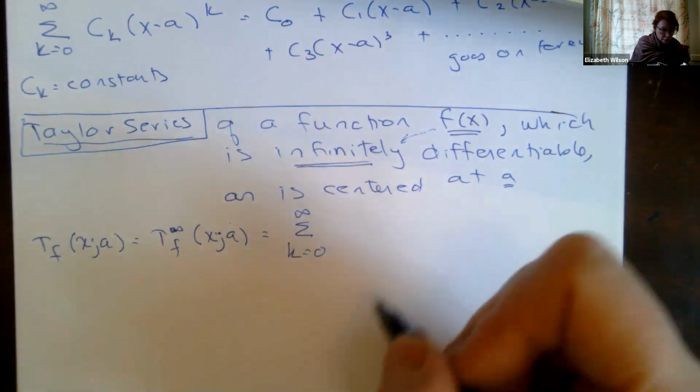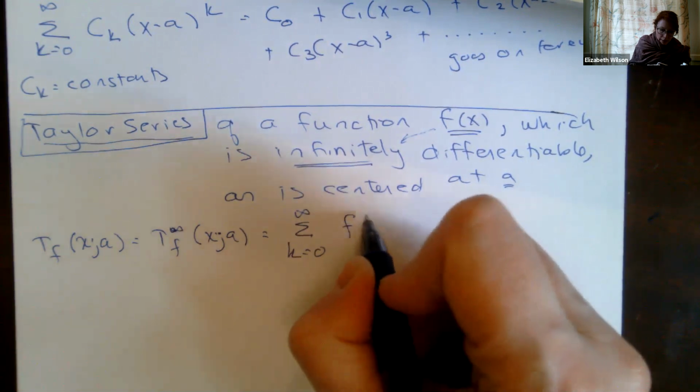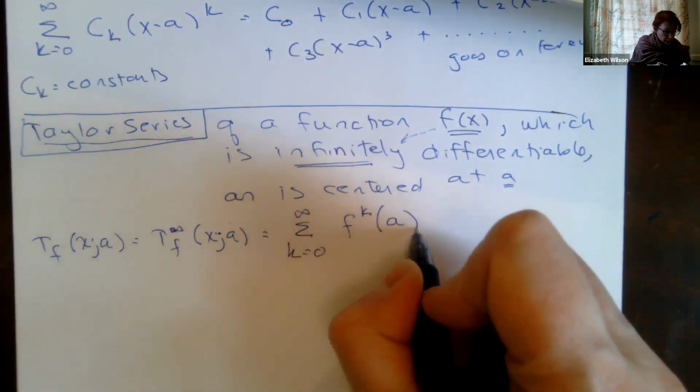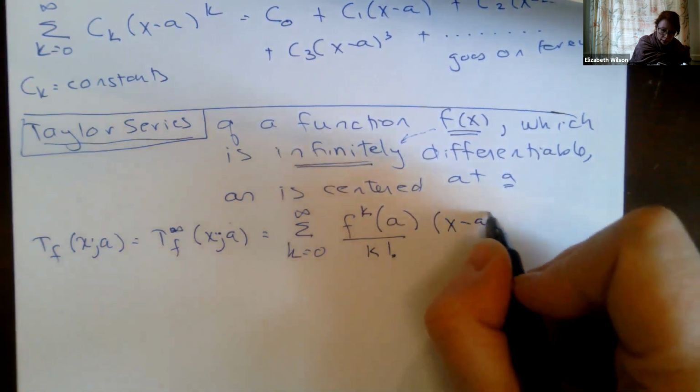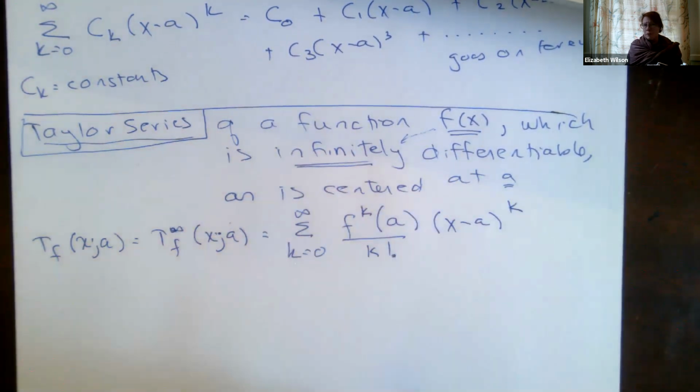And then we'll write out the first handful of terms. So our kth derivative evaluated at a divided by k factorial, x minus a to the k. So this is just like what we have been doing with our polynomial, only now we go on forever.